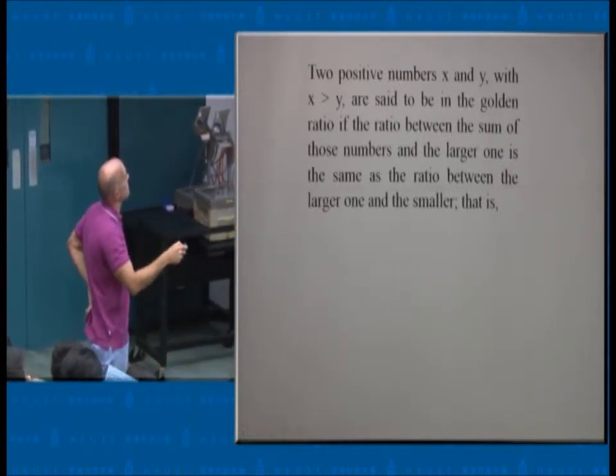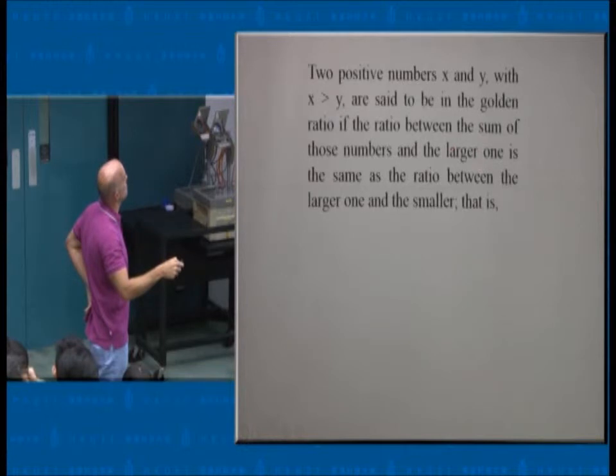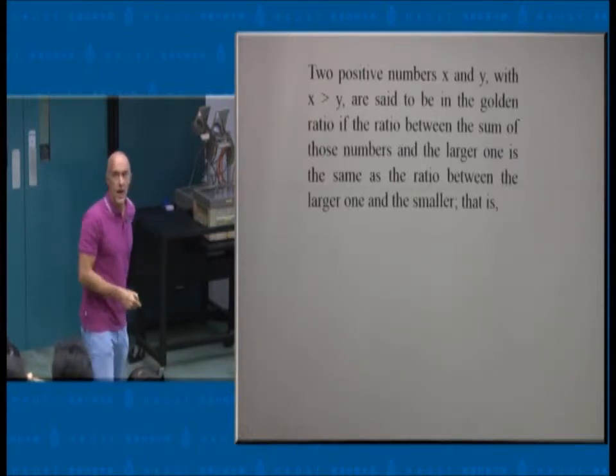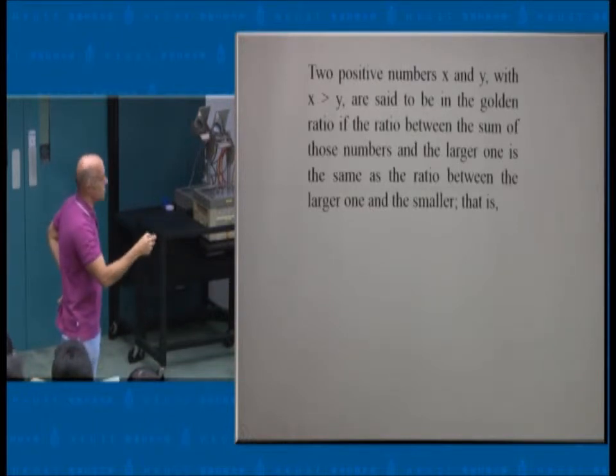Two positive numbers, x and y, with x greater than y, are said to be in the golden ratio if the ratio between the sum of those numbers, x plus y, and the larger one, x, is the same as the ratio between the larger one, x, and the smaller one, y. So x plus y divided by x is equal to x over y. Then x and y are said to be in the golden ratio.